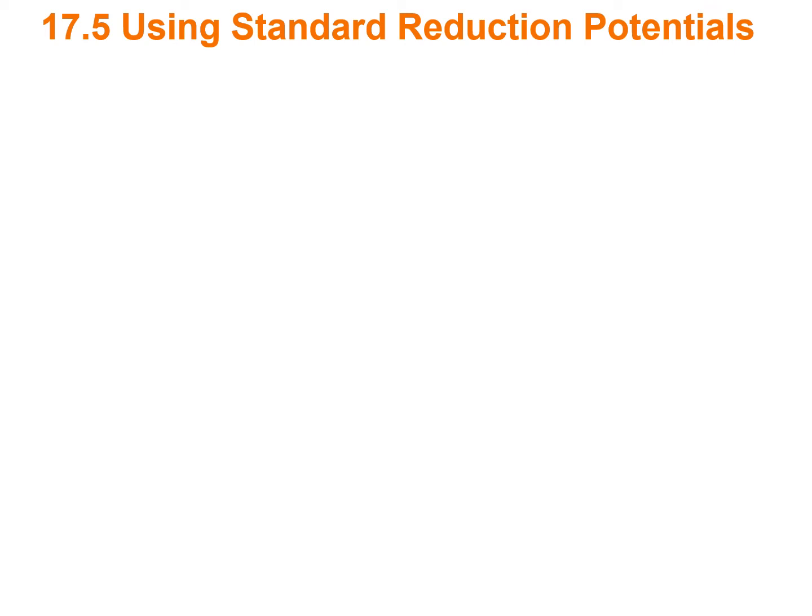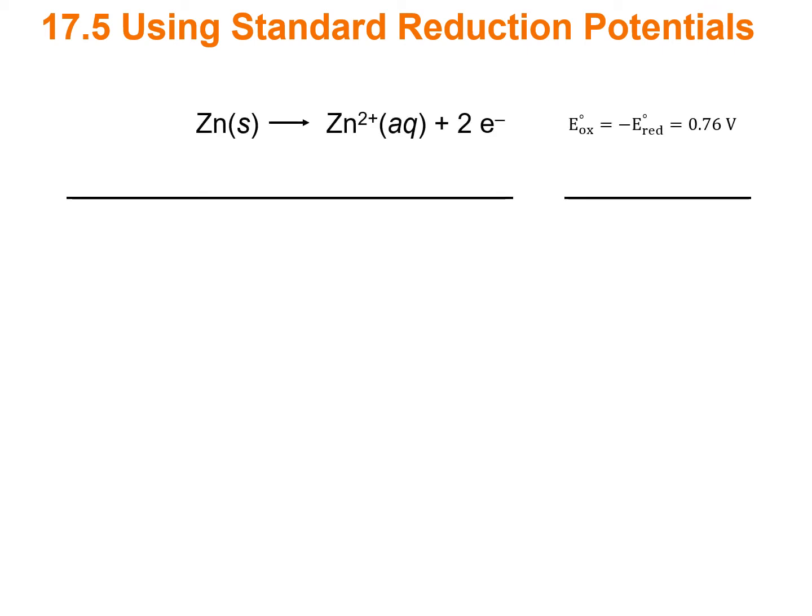Okay, so let's see how we can use standard reduction potentials. We can take a reaction of, say, zinc being oxidized and copper being reduced, and we have the standard reduction potentials for both of those. We had a chart of all these reduction potentials, but remember the oxidation potential is just the negative value of that.